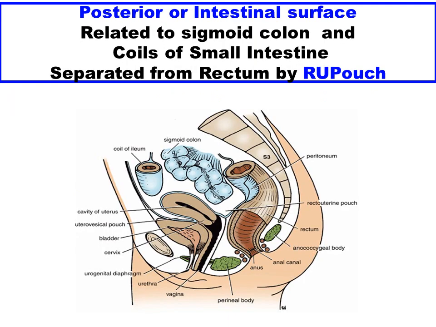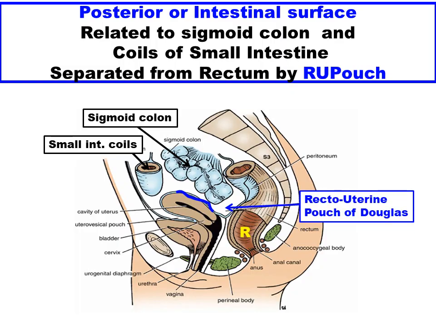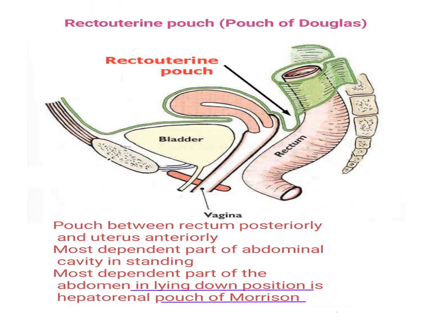So uterine axis normal is anteversion and anteflexion. Abnormal uterine axis can lead to uterine prolapse. Rectouterine pouch is between the rectum posteriorly and uterus anteriorly.